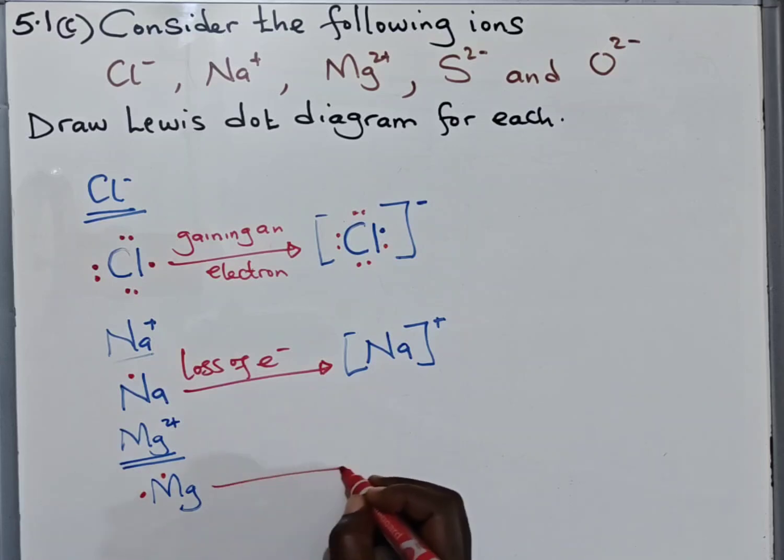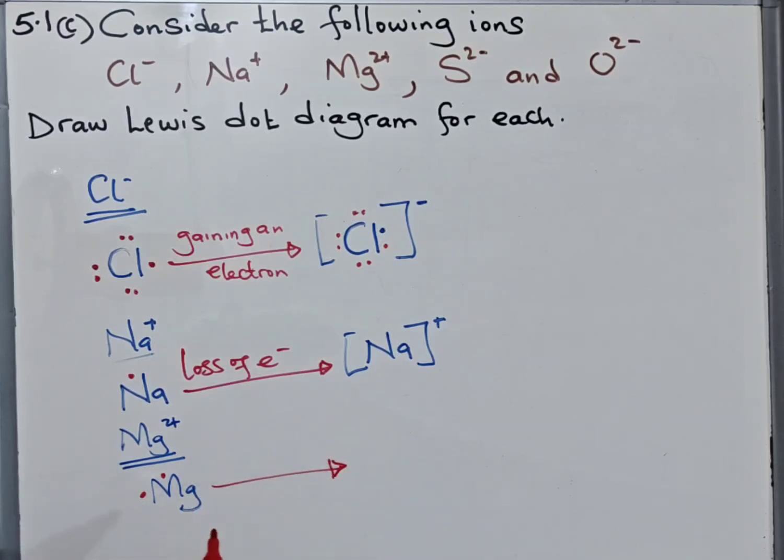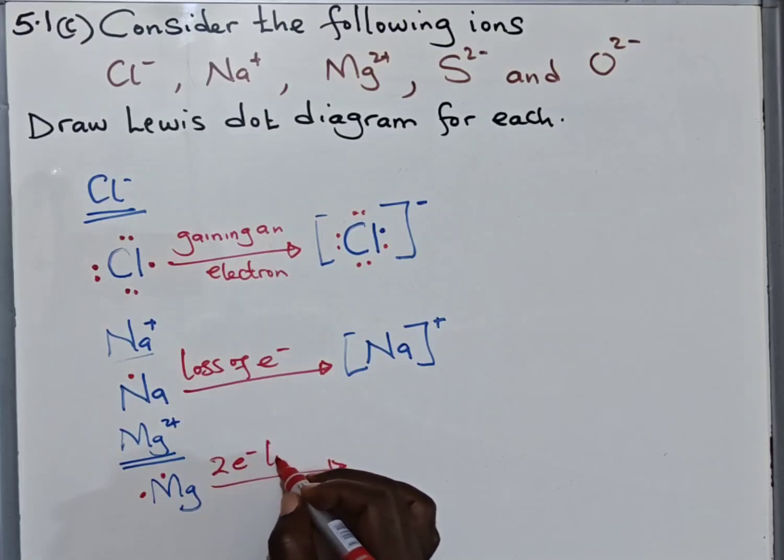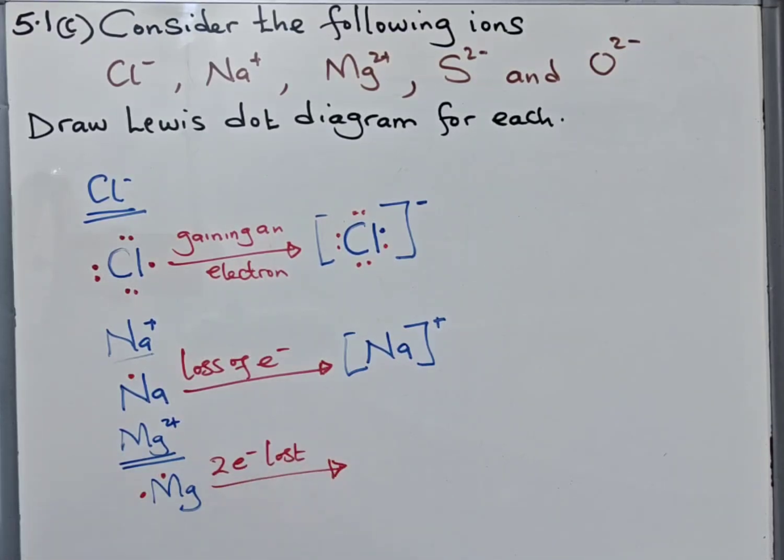So like I said before, all these atoms fight to attain stability. So a stable structure has a complete energy shell. So magnesium has 2 choices, either to lose 2 electrons or to gain 6. And losing 2 is the best option. So 2 electrons are lost.